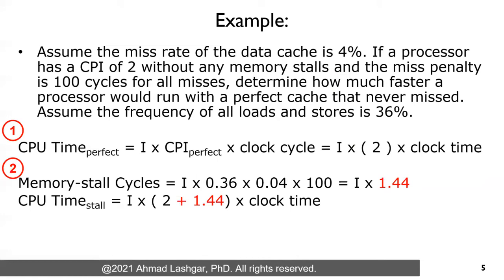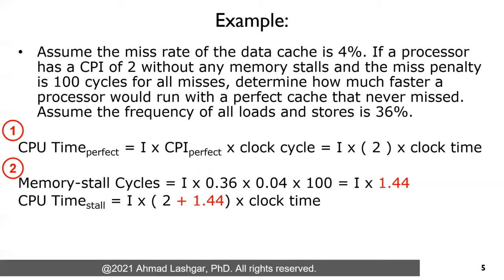And then we multiply this by 0.04, the miss rate of the cache, and multiply the whole term by 100, the miss penalty, the number of cycles it takes to handle the miss. Ultimately, the memory stall cycles will be equal to I multiplied by 1.44. This is the overhead. This is what the perfect CPU has to pay in an actual CPU.